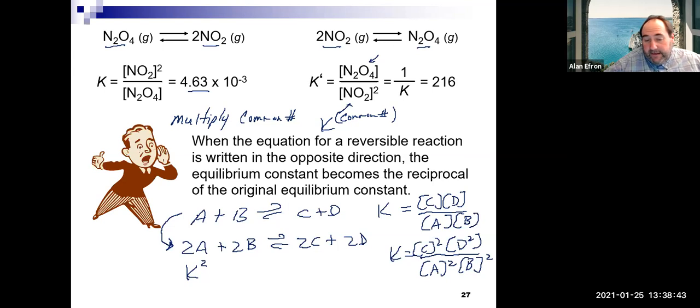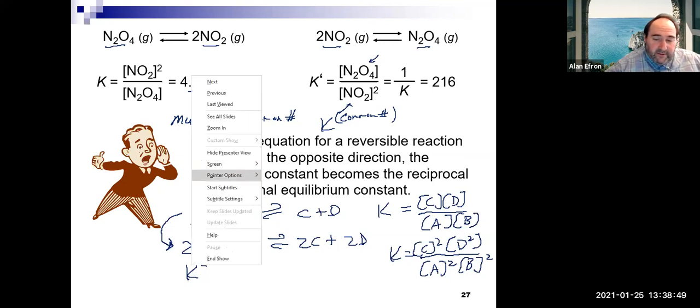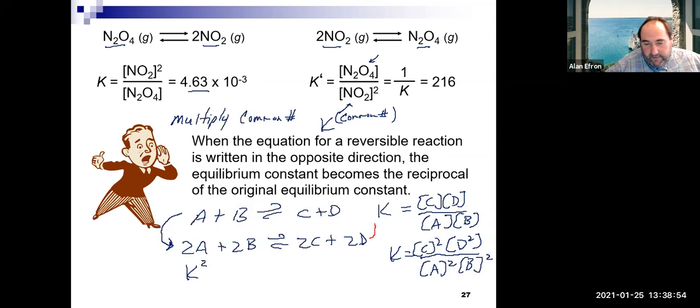Now, sometimes you may start with 2 of everything, but actually only need 1 of everything. So basically what we would be doing in that particular case is going from the bottom reaction to the top reaction. And as we go from the bottom K value to the top K value, the difference is that it is the square root of K. We divided by 2 basically all the way across, so we take the square root.